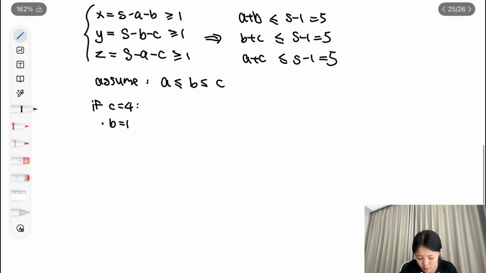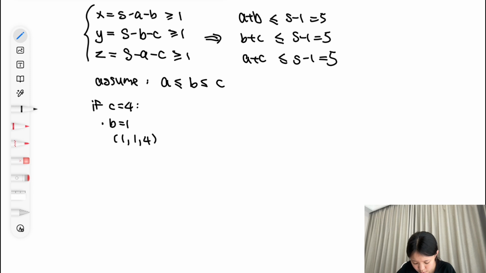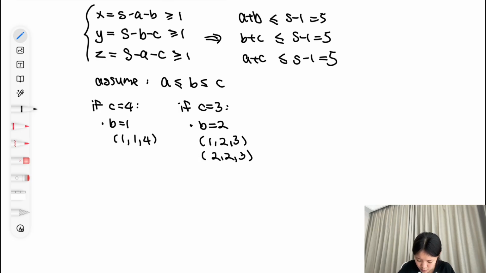So we get the solution of 1, 1, 4, since A also has to be less than or equal to B. So we do the same thing for all of the C's, using C as our anchor for this problem. Because if C equals 3, if B equals 2, we get 1, 2, 3, and then 2, 2, 3. If B equals 1, we get 1, 1, 3 as our only answer.